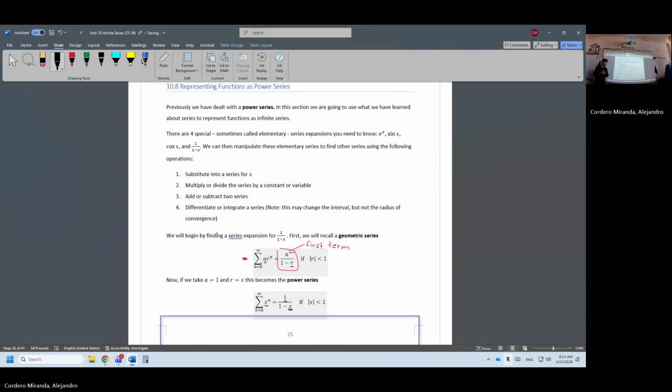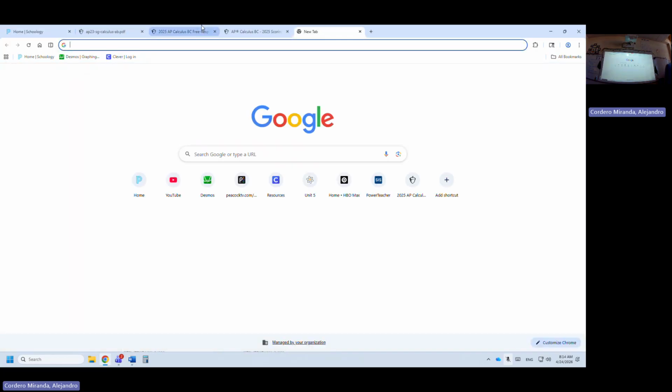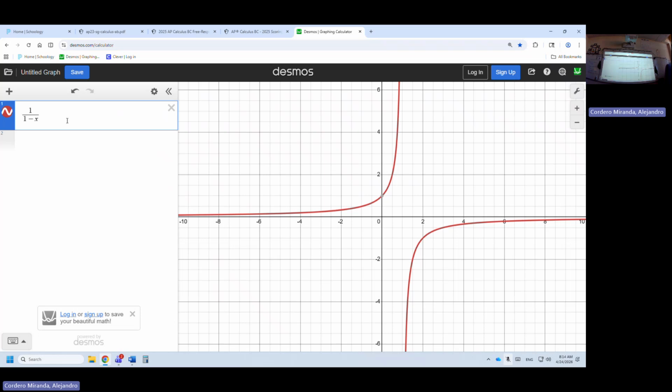Cool. The only thing is that, watch this. Here's me going to Desmos real quick. 1 over 1 minus x. If I'm trying to represent that function, we just agreed, I can just make this a geometric series.